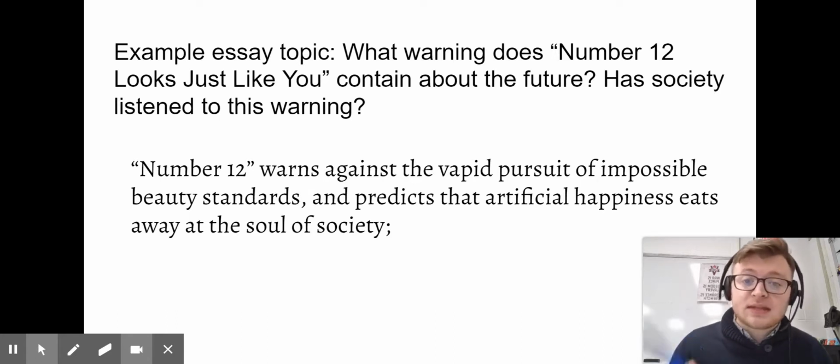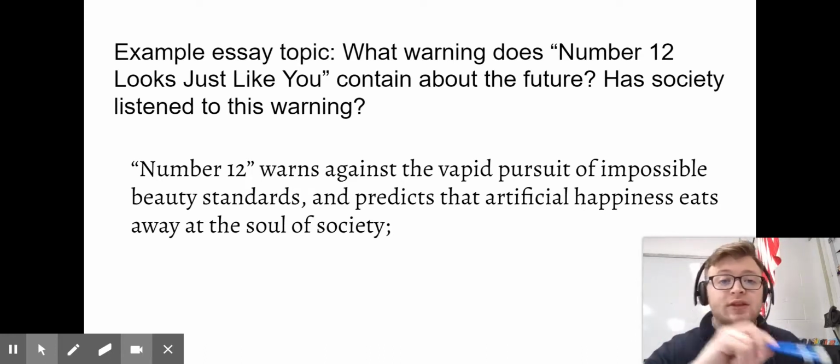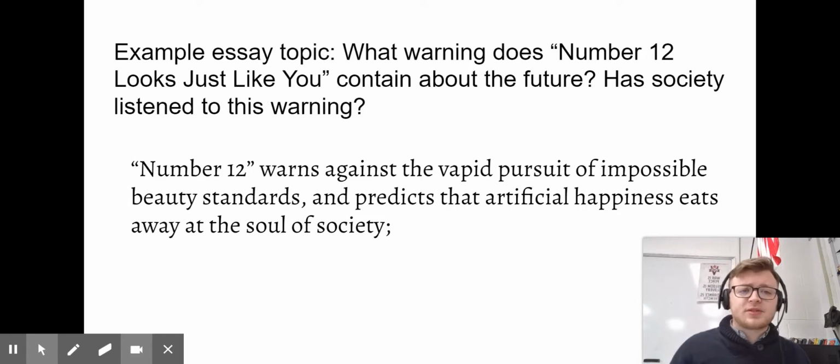A thesis statement has to be an argument too. So in this thesis statement, I'm telling the reader that they're going to see something about the vapid pursuit of impossible beauty standards. I'm going to have to clarify what that means later in the essay, talking about how this artificial happiness that comes from this pursuit is going to eventually destroy the soul of society.